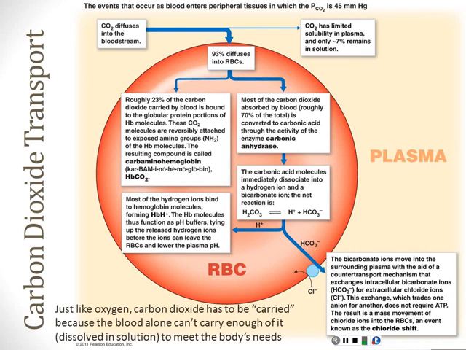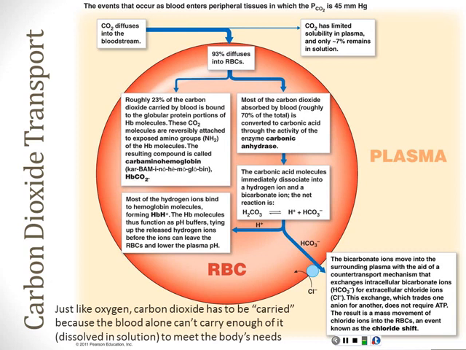It can be pushed this way, where bicarbonate and H pluses are put together to make carbonic acid, which then splits apart and makes water and carbon dioxide. It can also be pushed this way. We can take CO2 and water and kind of jam them together, and they make carbonic acid.